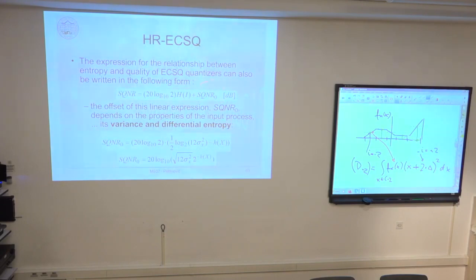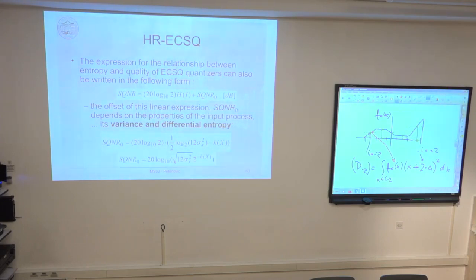And this term, SQNR 0, depends on the differential entropy, h of x, and on the signal variance. But, to put it in a simple way, this sigma x squared would be cancelled in the 2 to the power of minus h of x. What you get at the end is that only the type of the PDF affects h of x.